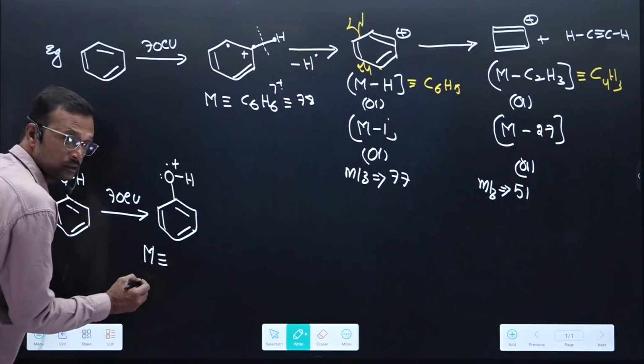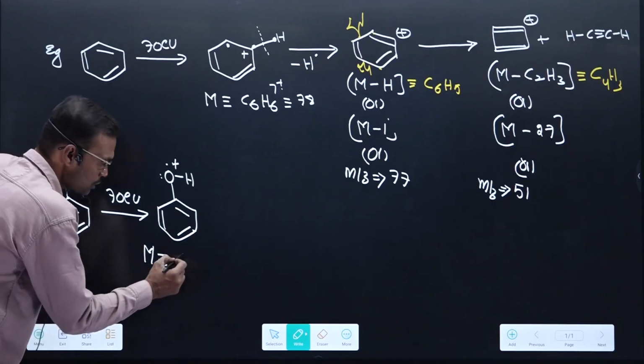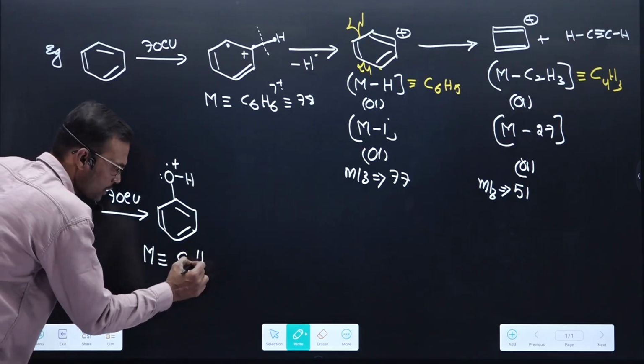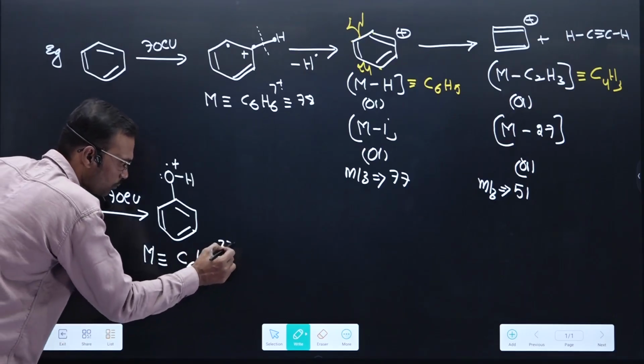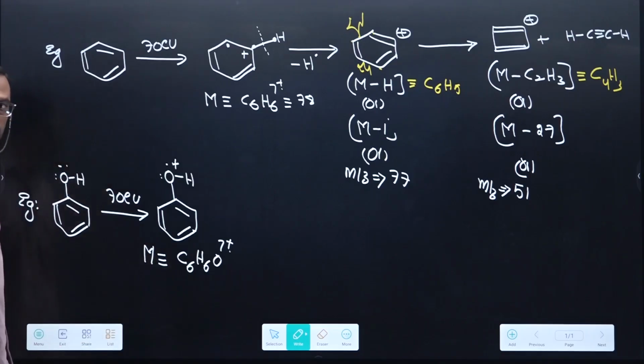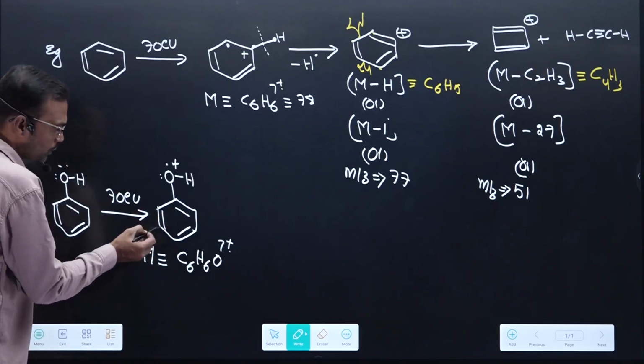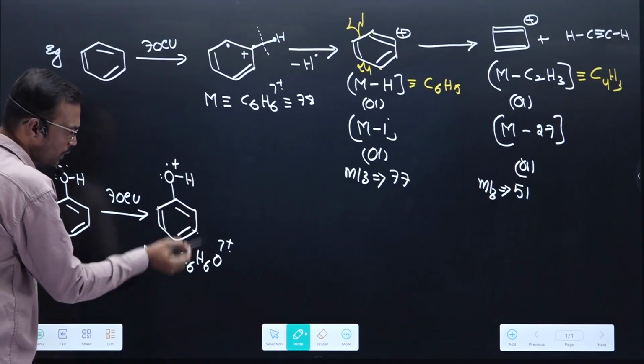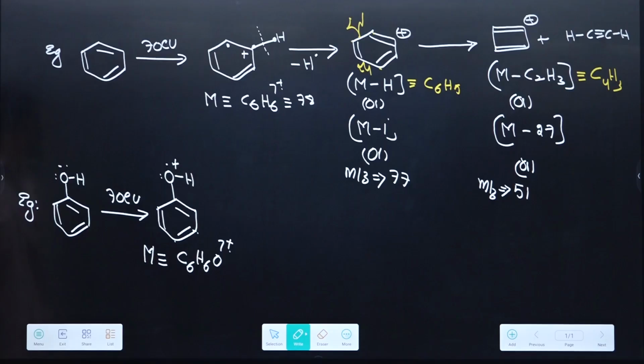What is the molecular formula? C6H6O. Is it phenol? 1, 2, 3, 4, 5, 6 carbons. 1, 2, 3, 4, 5, 6 hydrogens. 1 oxygen. Right?